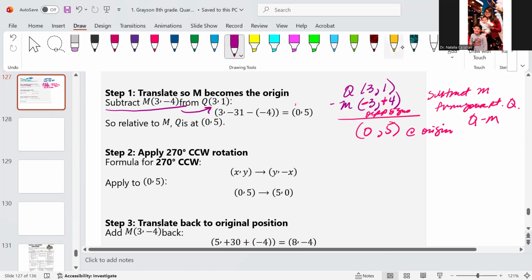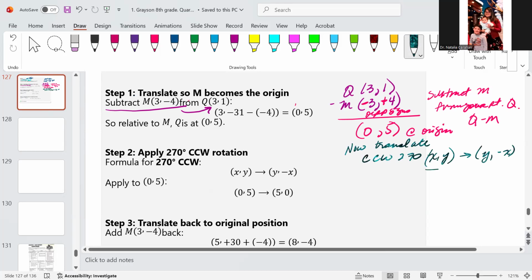So once you have your point here, now you can translate, and this is counterclockwise 270, x, y becomes y, negative x. Is that correct? Because you're now at the origin. Normally if you're at the origin, this is the formula you will use.